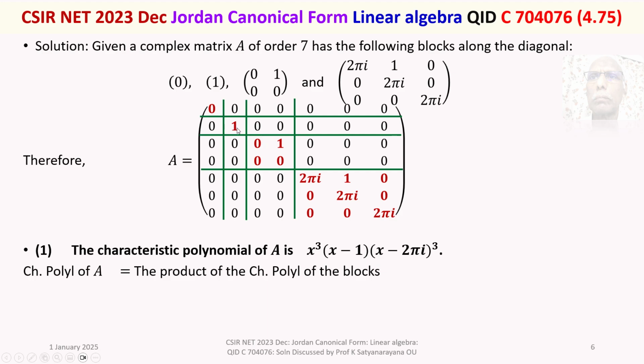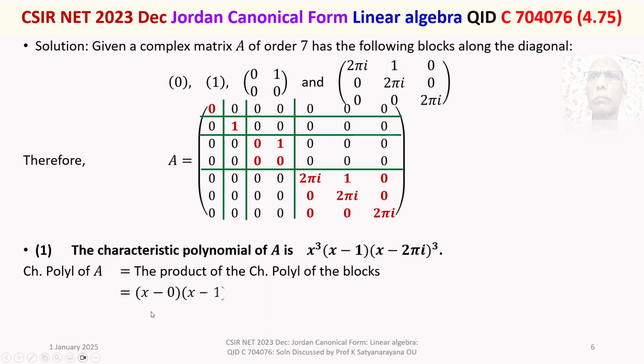For the block consisting of 1, it is x minus 1. For the block size 2, 0, 1, 0, 0, it is x square, that is lambda square. And lastly for the last block it is x minus 2 pi i whole cube.